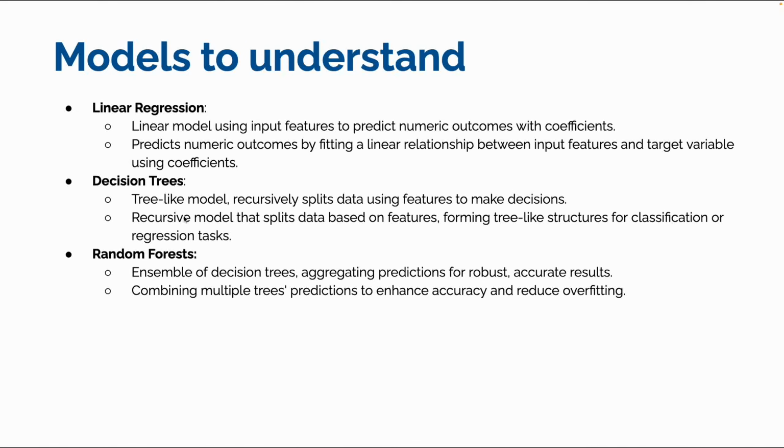A decision tree is a tree-like model that recursively splits data and features to make decisions, right? So for example, if we examine the data and say, okay, is it more than 9 o'clock? For the data where the time is not more than 9 o'clock, we can assume that the temperature is usually lower in the morning, not all mornings, but usually.